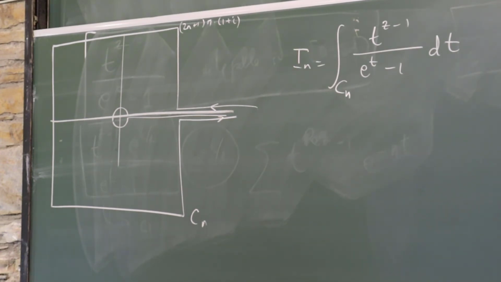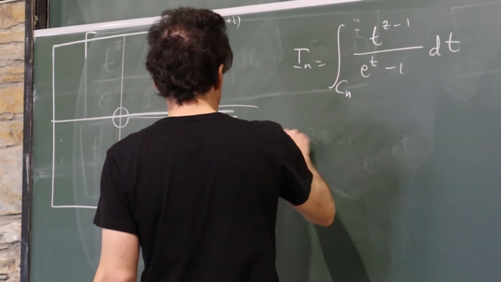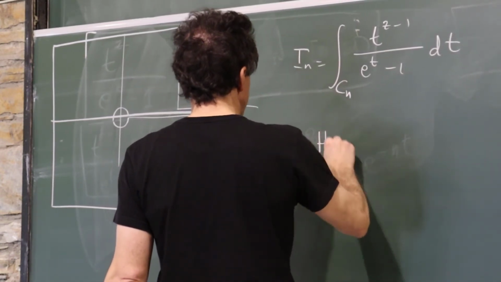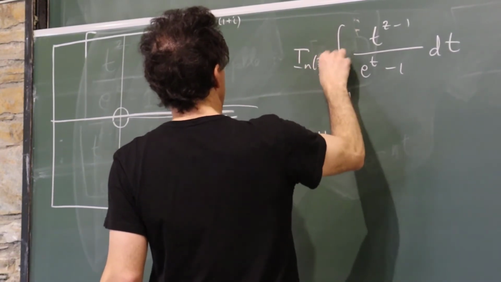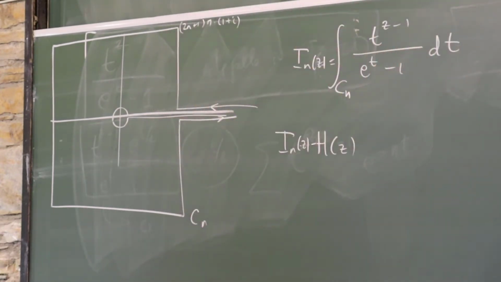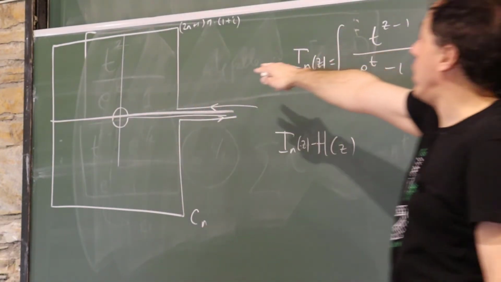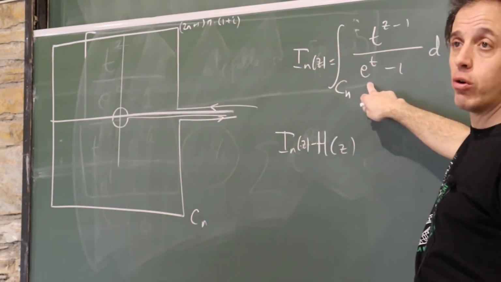And we're going to compute the difference between this integral En and the function h of z we have just defined. The reason for taking this value here is again to avoid the zeros of the denominator.